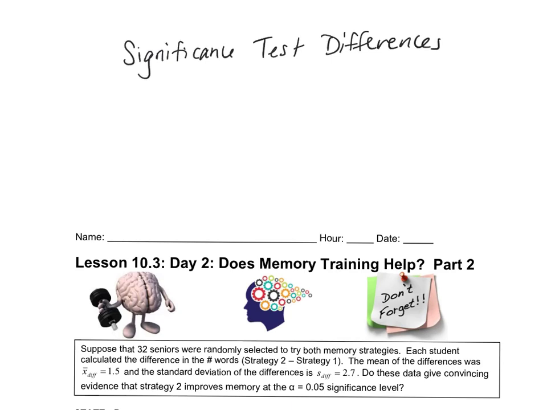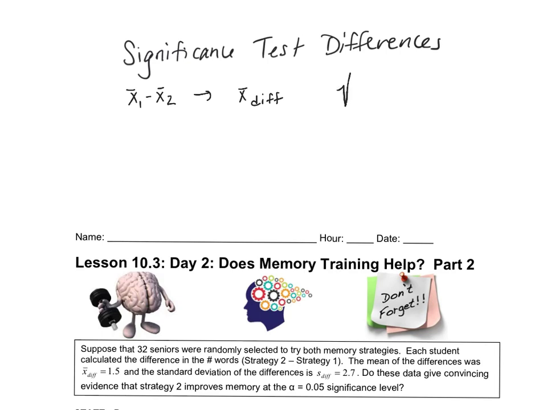So we talked the other day about the fact that you know something is two samples if you have two separate samples, but you could also do a t-test for the difference if those two samples came from an experiment that was a matched pairs or a paired t-test, which is often what it's called. So in that situation, instead of using x bar 1 minus x bar 2, we use x bar difference, which is defined as 1 minus 2 or 2 minus 1.